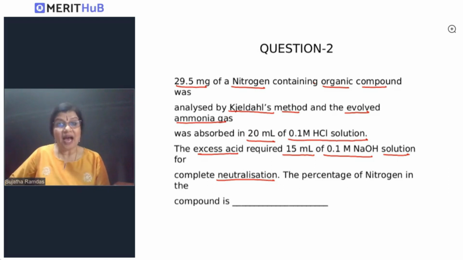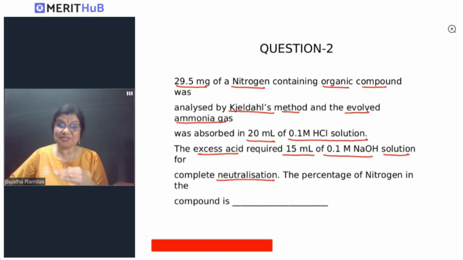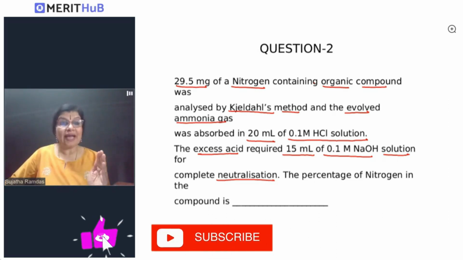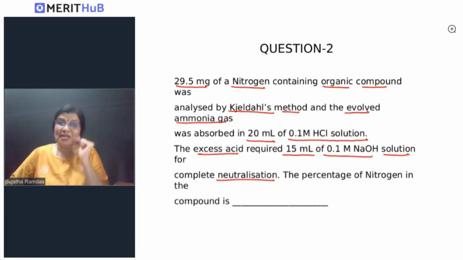Whereas here, hydrochloric acid is a monoprotic acid. We don't need that 2 in the formula. We will arrive at the shortcut formula after dealing with this question in a proper conceptual manner so that your understanding is absolutely clear and you will not make use of an incorrect shortcut formula. All right? Okay, so let's get started.